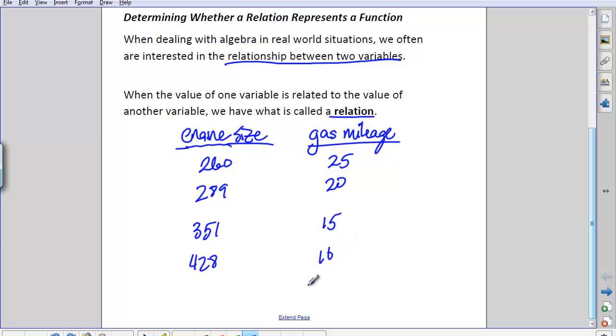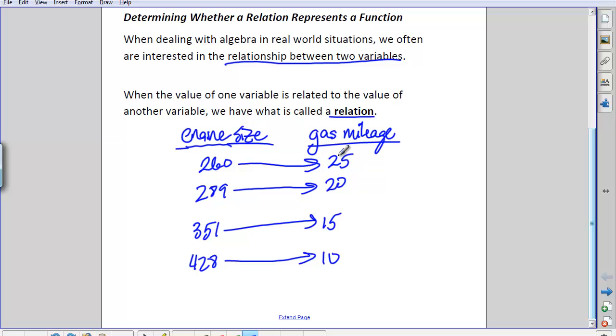And just so we know which goes with which, we could draw arrows across here. So an engine size of 351 cubic inches might get 15 miles per gallon. So we could say there's a relationship here between engine size and gas mileage. And that's just a relation.